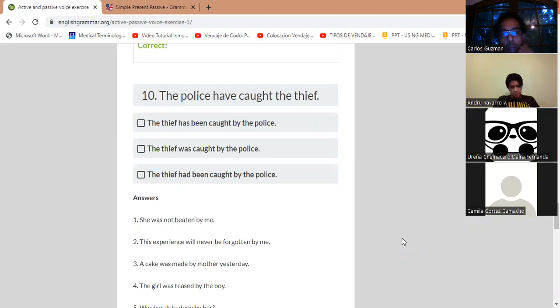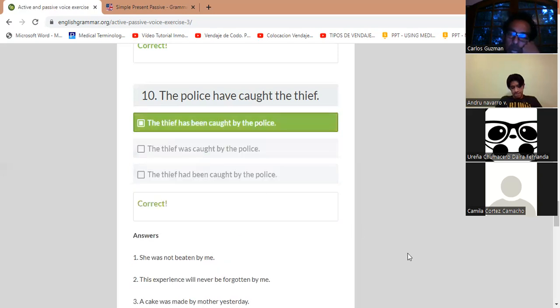The police have caught the thief. Sería. Okay. The thief has been caught by the police. Very good, good job. Right, the police have caught the thief. The thief has been caught by the police. Very good. Good job, you guys.